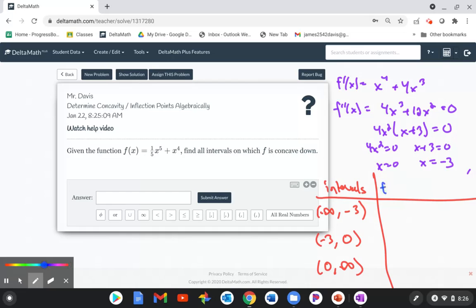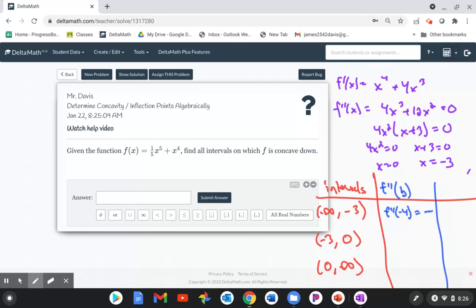So f double prime of, say, -4 for the first one. Again, we're plugging these into our second derivative. So I'm going to plug that second derivative into the y1 and make a table. Plug in -4, we get -64.